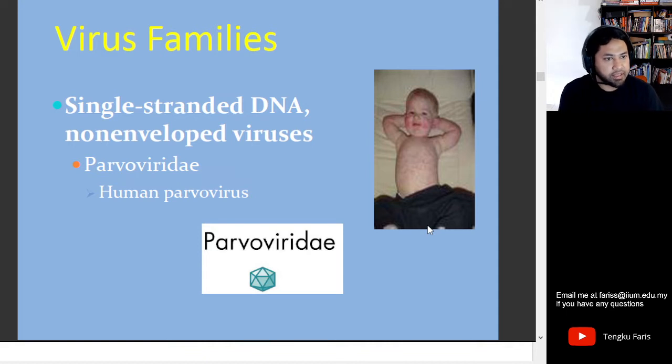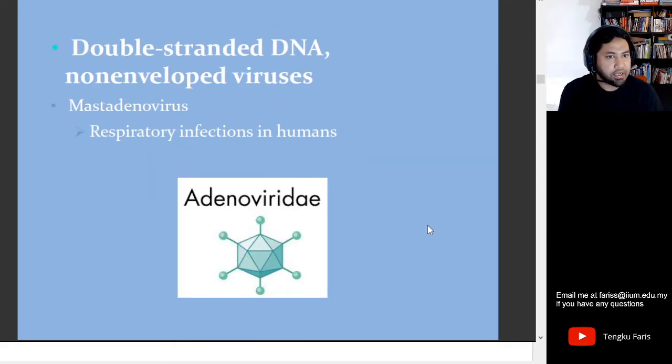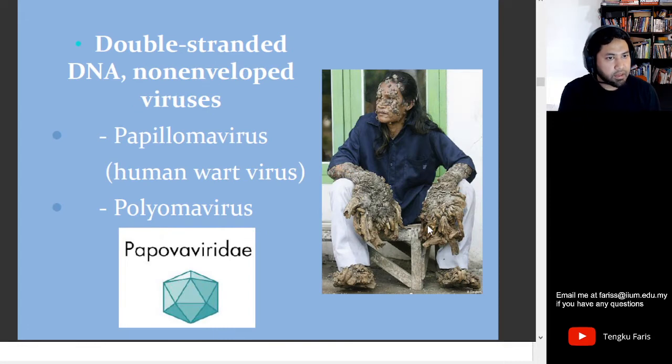Single-stranded DNA non-enveloped viruses, for example Parvoviridae, are human viruses. They commonly infect babies. Double-stranded DNA non-enveloped viruses include adenovirus. They cause respiratory problems. Papillomavirus, also double-stranded DNA non-enveloped, causes the human wart condition.